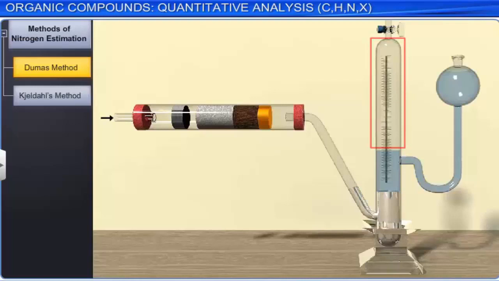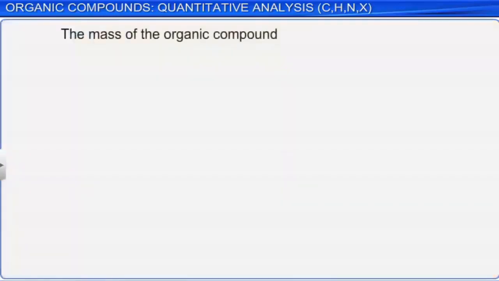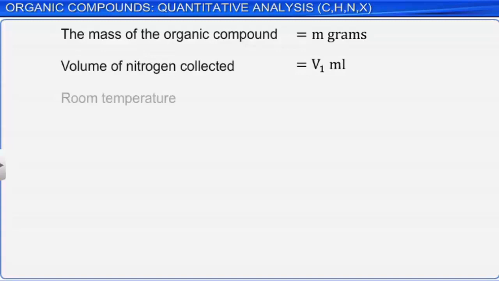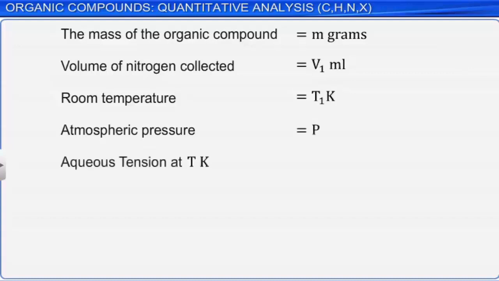If the mass of the organic compound is m grams, the volume of the nitrogen collected is V1 ml at room temperature of T1 Kelvin. The atmospheric pressure is P and the aqueous tension at T Kelvin is P dash. Then the pressure of nitrogen gas at T Kelvin is atmospheric pressure P minus aqueous tension P dash.